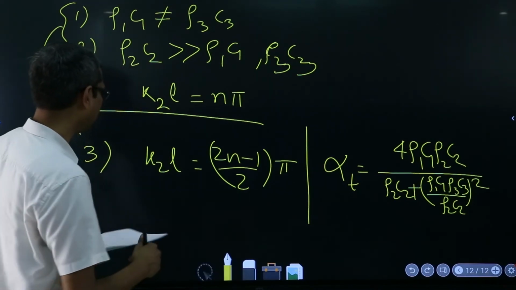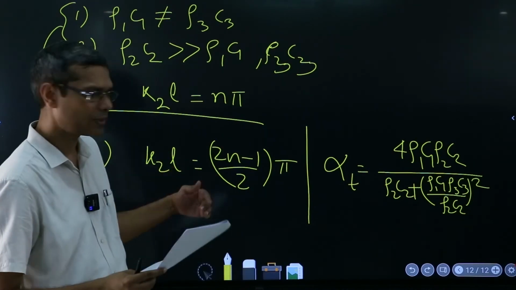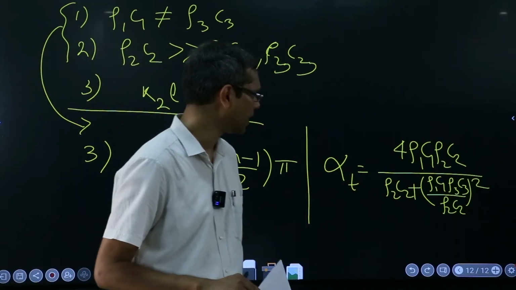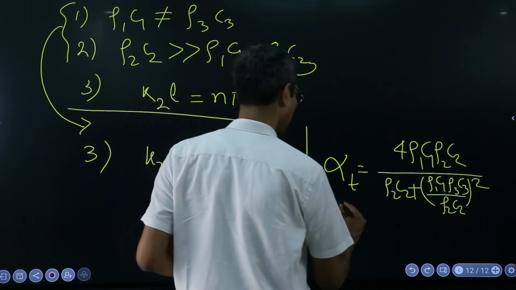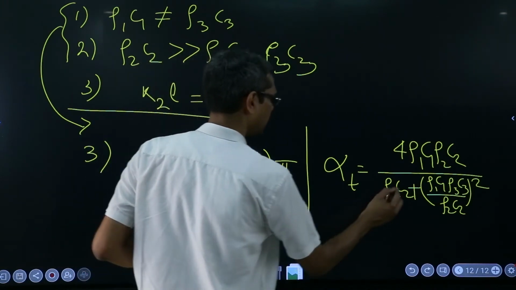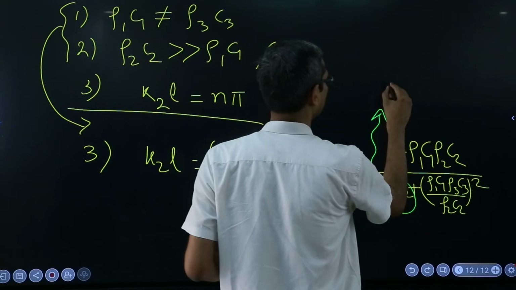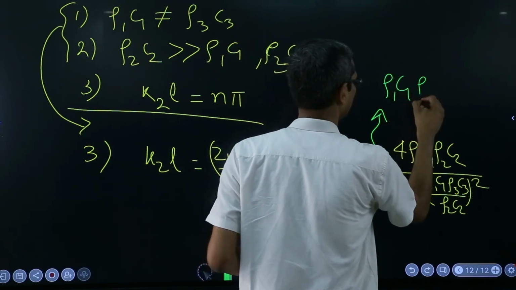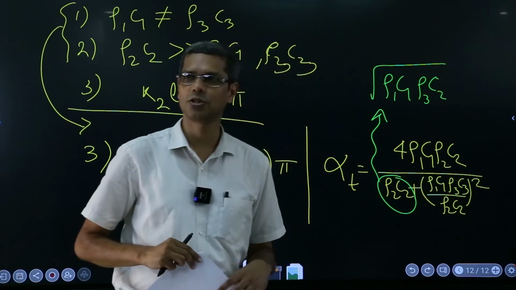Because your sine will go to 1 and cos will become 0, and from that expression you can come here. Now what you can do is think about choosing this rho 2 c2 in such a way that it is the root of rho 1 c1 rho 3 c3, the geometric mean of those.